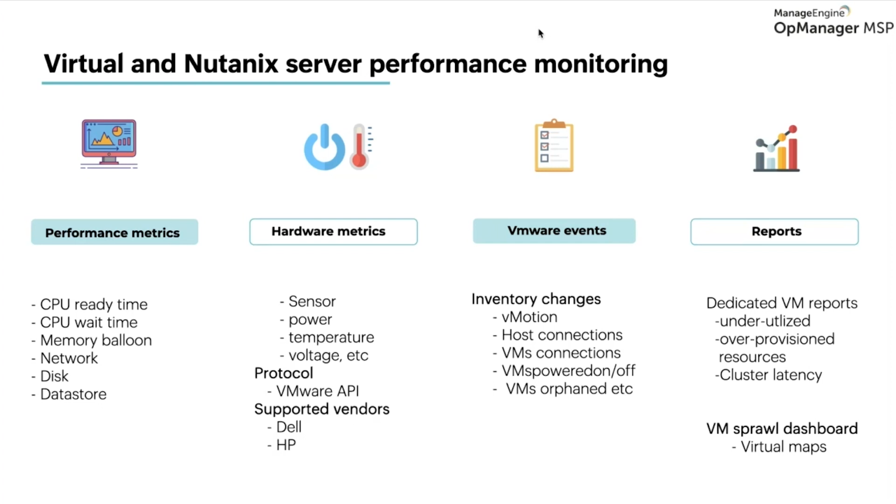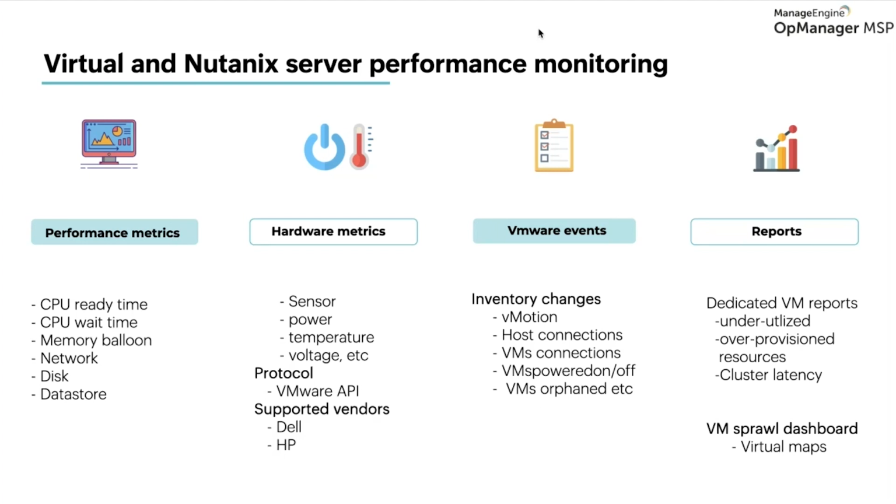You can monitor VM performance metrics like CPU ready time, CPU wait time, memory balloon, network, disk, data store, etc. You can also monitor hardware metrics such as sensor, power, temperature, voltage, and more. OpManager MSP relies on the VMware API protocol to accomplish this. We currently offer support for Dell and HP vendors, and this list is surely expanding.